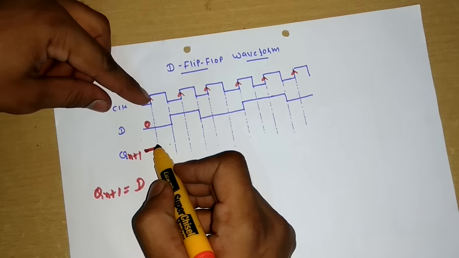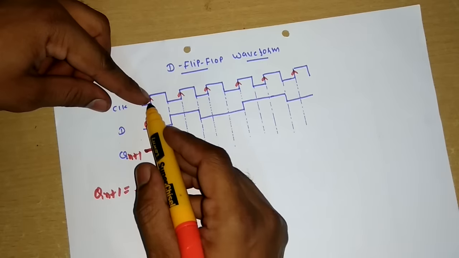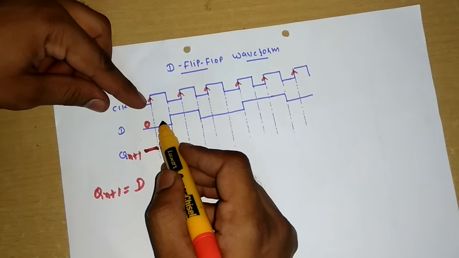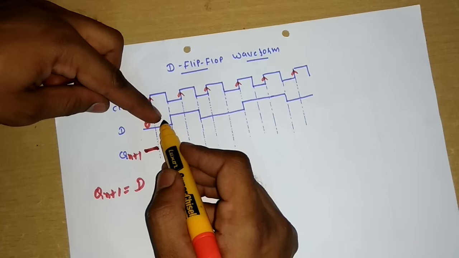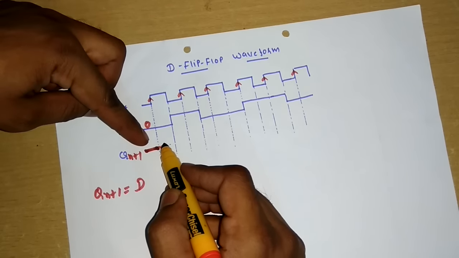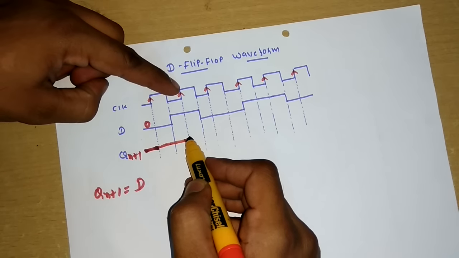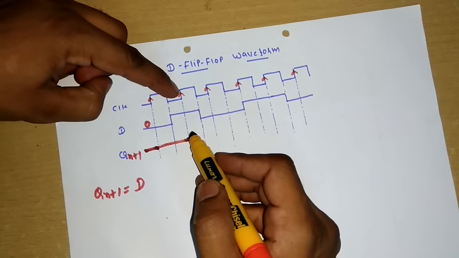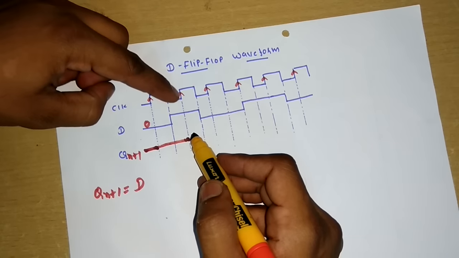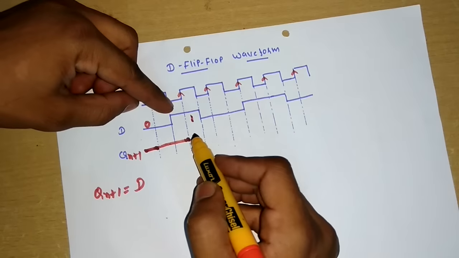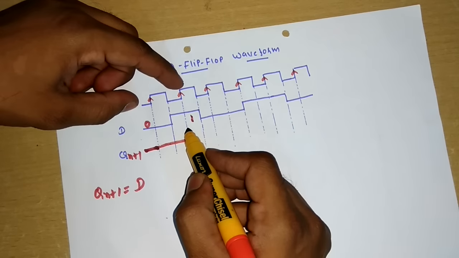But when the positive edge comes, only then is this input applicable. So if this is 0, your output will be 0 continuously until the next positive edge, right? Now from the next positive edge, again your flip-flop is going to look at what your input is. Here my input is 1, so my Qn plus 1 becomes 1.